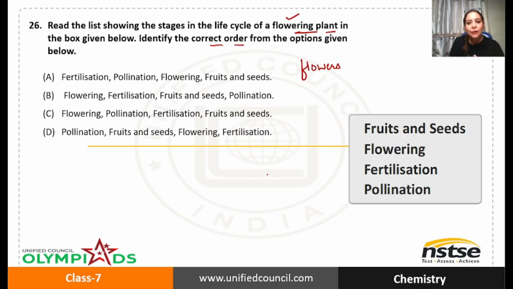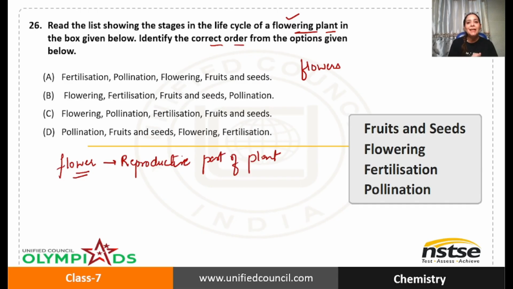First, a plant must have a reproductive part, that means it must have flowers. The reproductive part of a plant is called a flower. Why is it called the reproductive part? Because it contains the male and female parts in it.